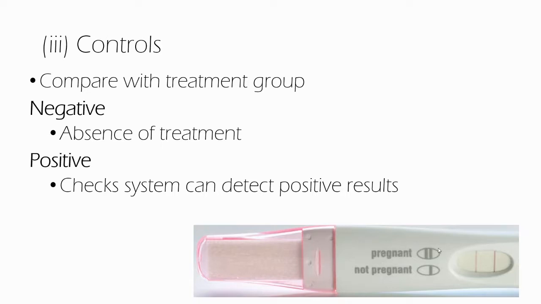The first line is a positive control, as it should always appear. If it doesn't appear, it suggests that your test will not reliably pick up a positive result or cannot. If there was a negative control, it would be a strip of material which should never change colour. And if it did, it would suggest that your test has been faultily either designed or manufactured.